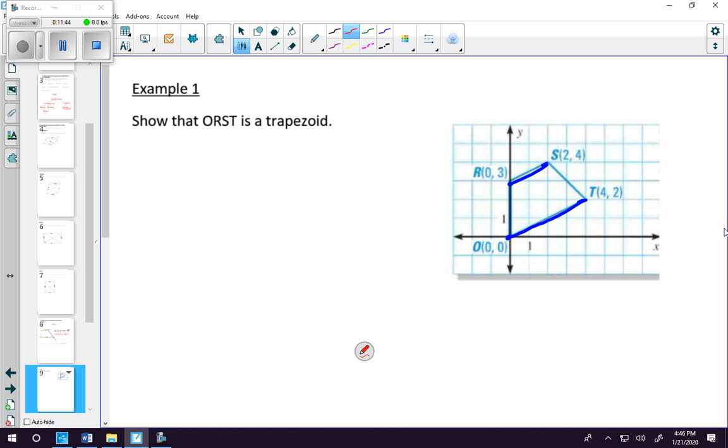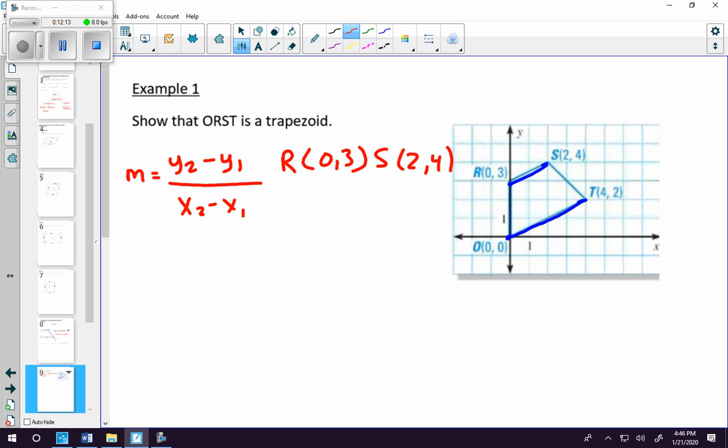So what we want to do is find the slope of segment RS. The slope of segment RS is found by taking y sub 2 minus y sub 1 and dividing it by x sub 2 minus x sub 1. If we take point R, which is (0, 3), and point S, which is (2, 4), let's label point R as first x, first y, and point S as second x, second y.